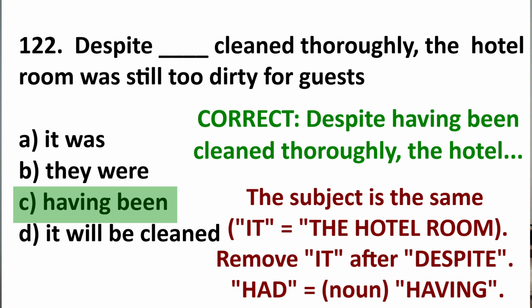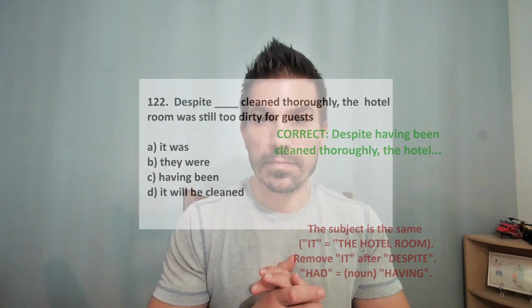Next, turn the verb into a noun. Have is a verb. Change it into a noun by adding ing. Now it's a gerund. So we can say, despite having been cleaned thoroughly, the hotel room was still too dirty for guests. So remember, after despite, we cannot have subject verb.